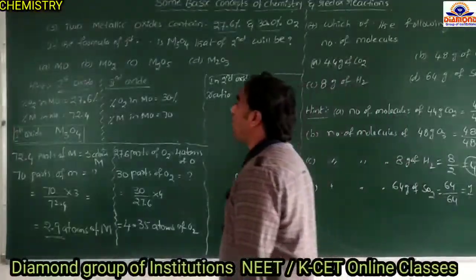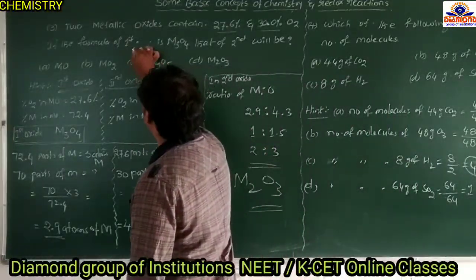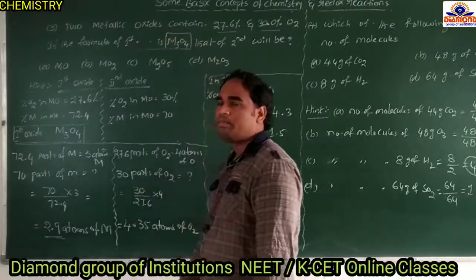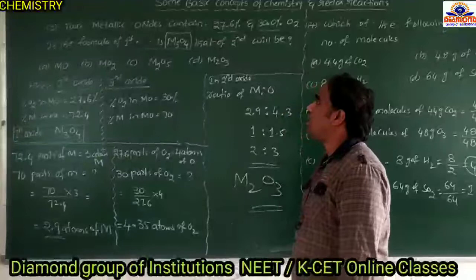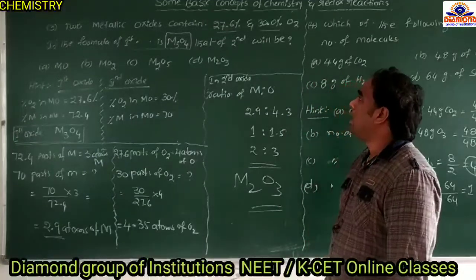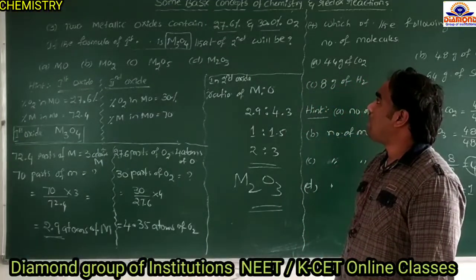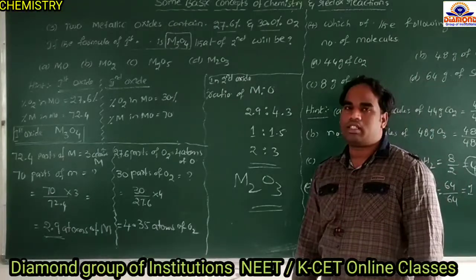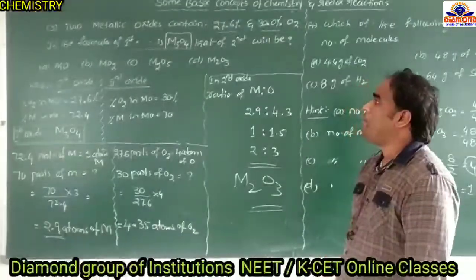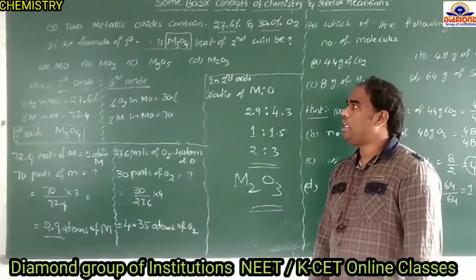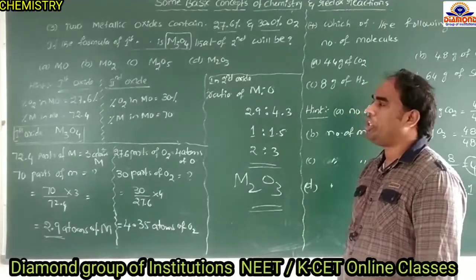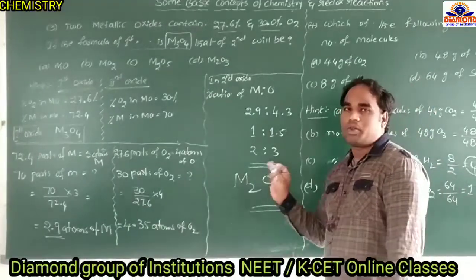If the formula of first oxide is M3O4, then the second oxide formula is what? That is the question. Option A MO, B MO2, C M2O5, D M2O3.